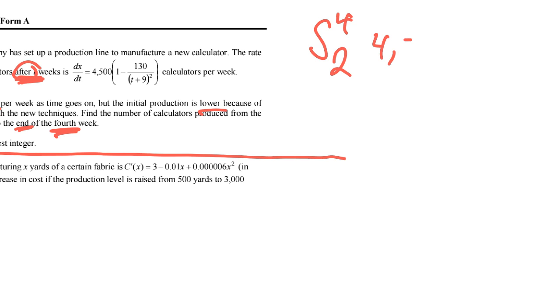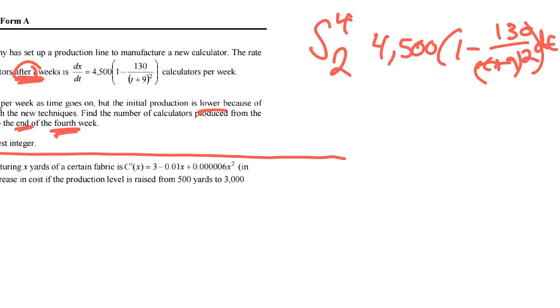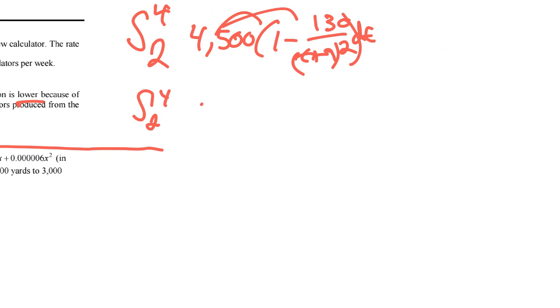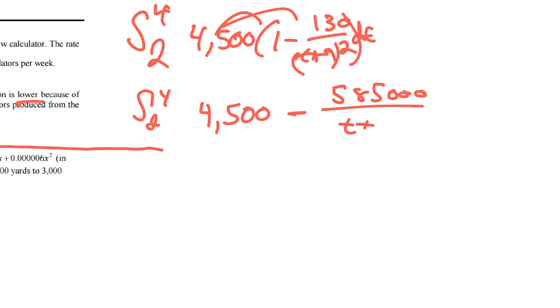So 4,500 times 1 minus 130 over t plus 9 squared dt. All right, so I'm going to distribute this in. Maybe I should just move it over. Yeah, that'll be better. 4,500 minus 585,000 over t plus 9 squared dt.